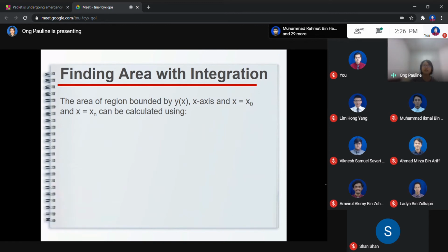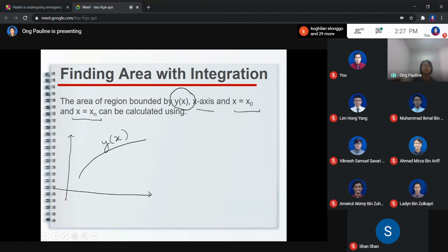Generally, we say that the area of the region bounded by the x-axis, x equals x naught and x equals xn can be calculated by using integration. Let me illustrate this. Let's say this is the function y(x).